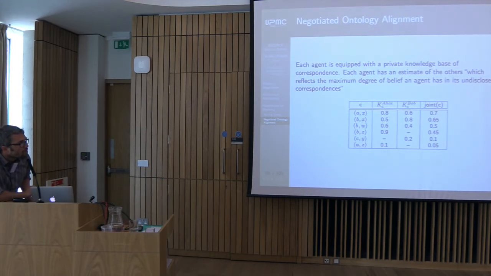So each agent is equipped with a private knowledge base, and they have an estimate of the others, which in their terms reflects the maximum degree of belief that an agent has in its undisclosed correspondences. I will just show the example and not get into much detail.